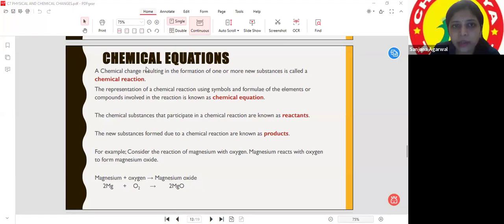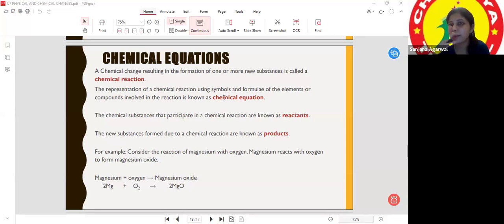Correct. So all the chemical changes that we have learned are due to the interaction between the atoms and molecules of different elements, where a chemical change resulting in the formation of one or more new substances is called a reaction. As we have seen earlier, the reaction of calcium oxide with water forms calcium hydroxide, Ca(OH)2.